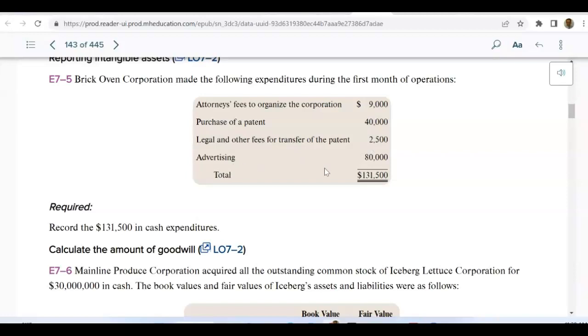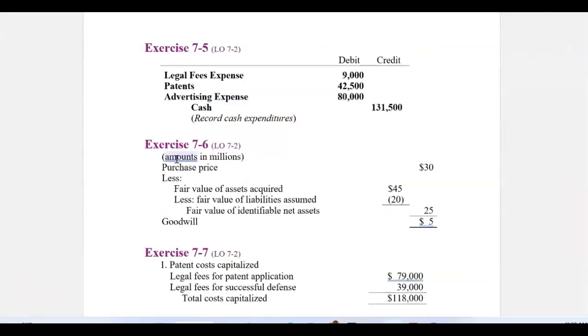Advertising, $80,000. Record $131,000 in cash expenditure. That is a good problem. So here we go. Legal fees to organize a brand new corporation will be expensed in that year of operation immediately.